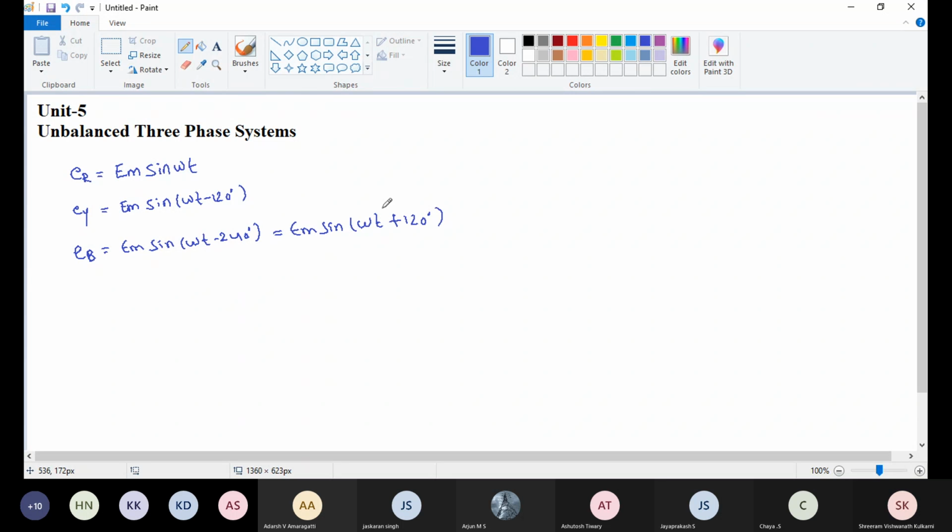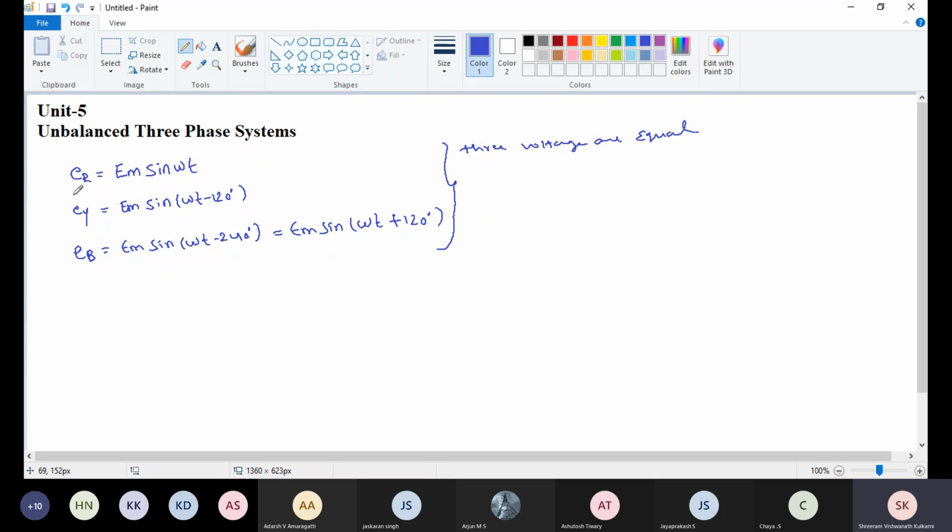These are the three voltages. If I am saying this is my balanced three-phase system, all three voltages are equal and separated from each other by 120 degrees.